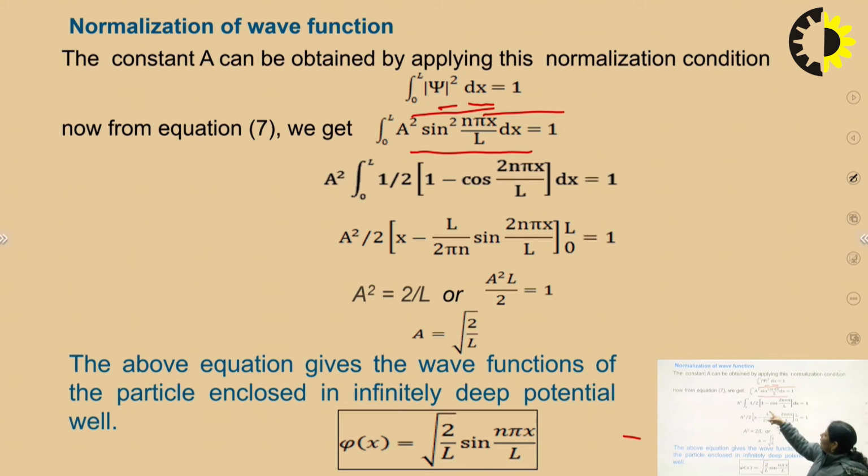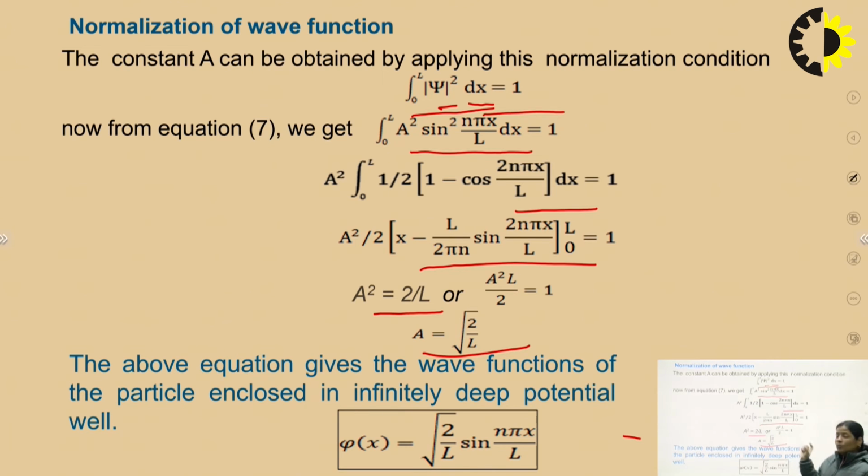When it is simplified, you can see these steps, how this is the simplest form. Now it has been converted into cos, then integrated, and the limits 0 and L are substituted, and the value of a is determined. So the value of the constant a is the square root of 2 by L, where L is the dimension of the box.